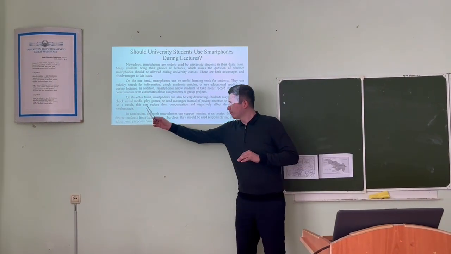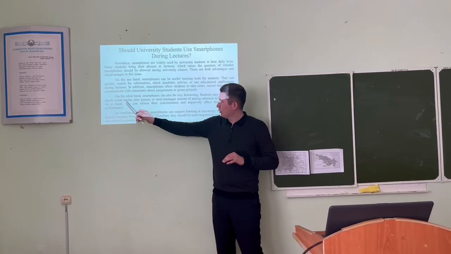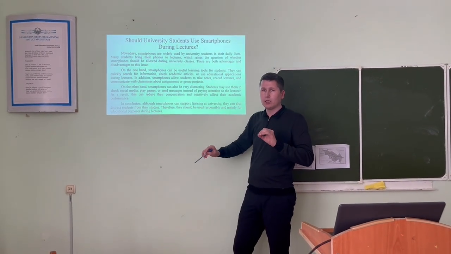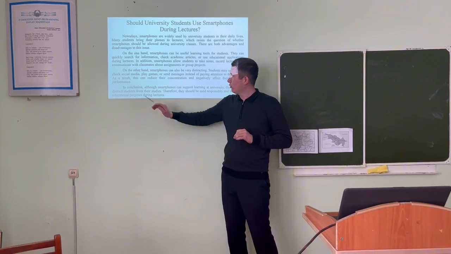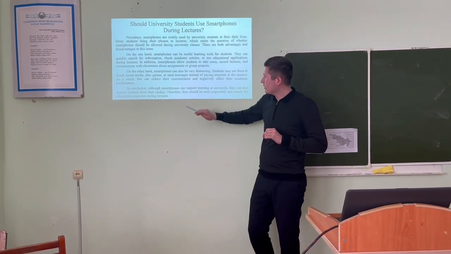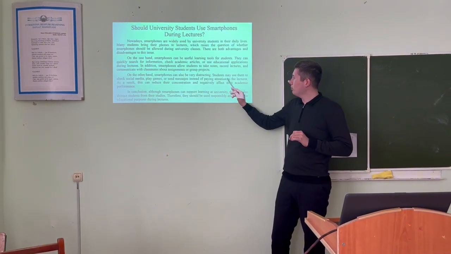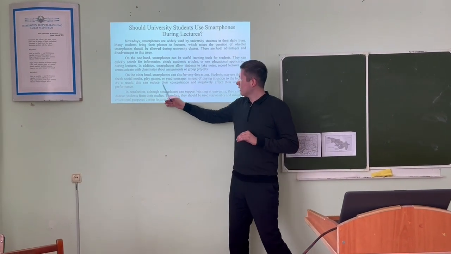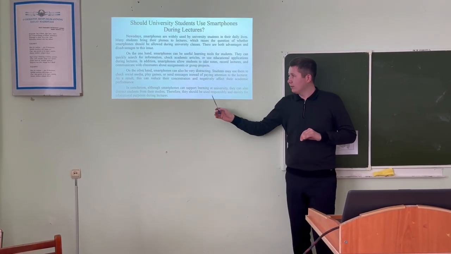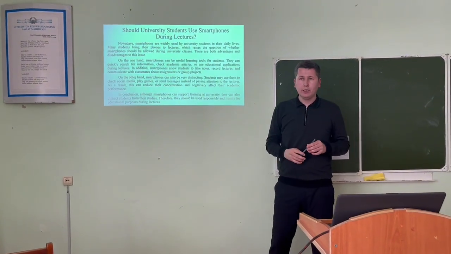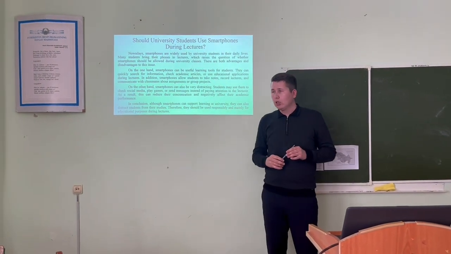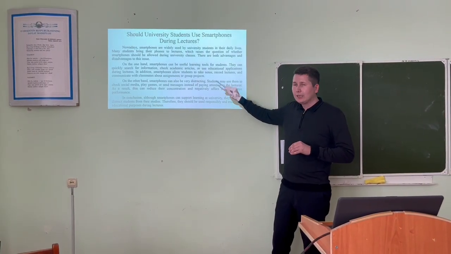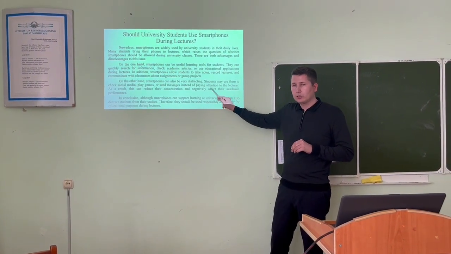As you know, we use social media every day, and this is one of the most distracting points of using smartphones. And playing games, sending messages instead of paying attention to the lecturer. As a result, this can reduce their concentration and negatively affect their academic performance. So this is the second paragraph, and it is about the disadvantages of using smartphones.